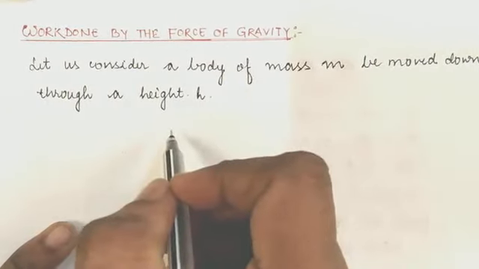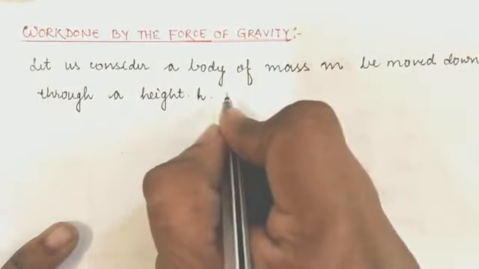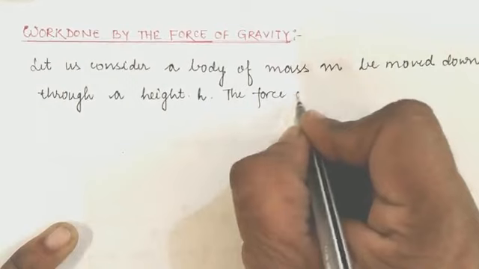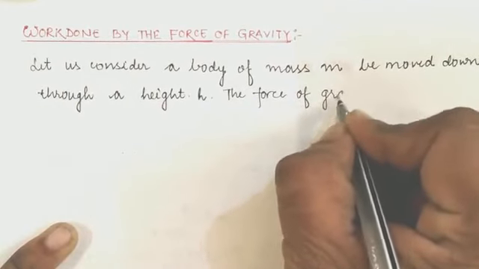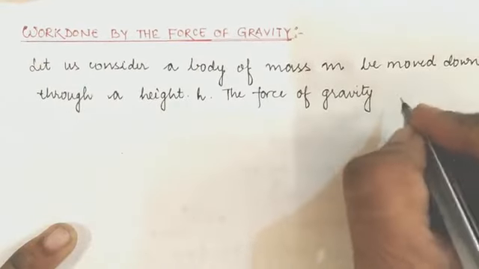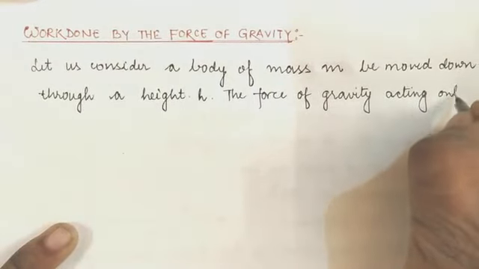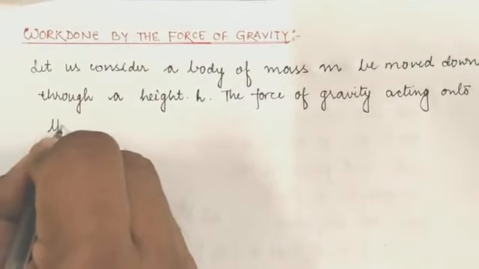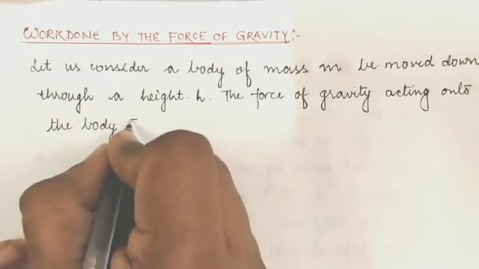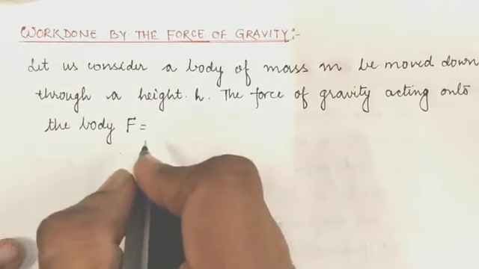through a height h. Okay children, now the force of gravity acting onto the body in this condition can be given by F is equal to, since we are knowing that force is equals to the product of mass of the body to the acceleration possessed by the body.